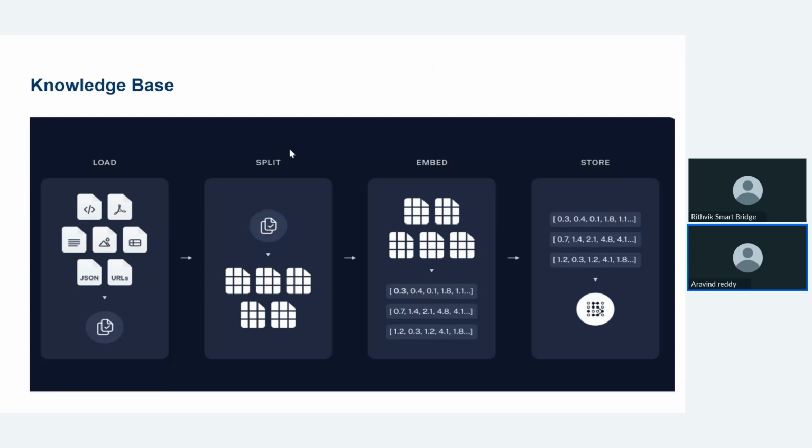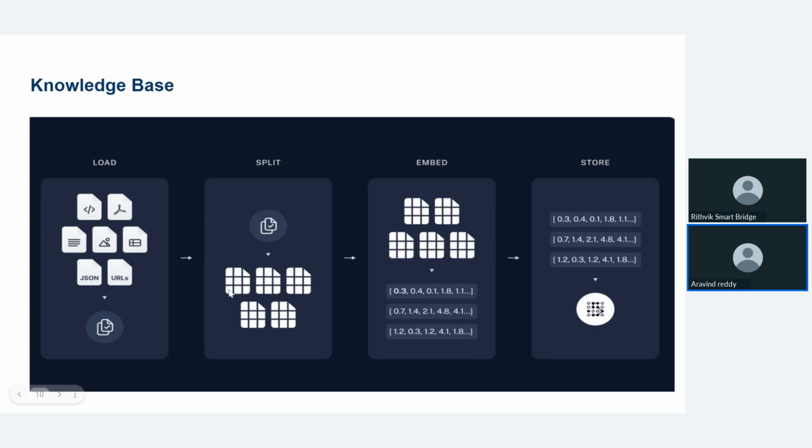You can see here, first we are loading the data. It may be PDF, HTML pages, URLs or JSON files. We can send a document in whatever format, it's not an issue. If you pass data, it is split according to the given information.